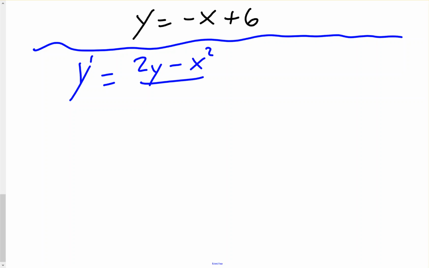So (2y minus x squared) over (y squared minus 2x). The only way this could equal 0 is if the top part is equal to 0. So this has to equal 0.